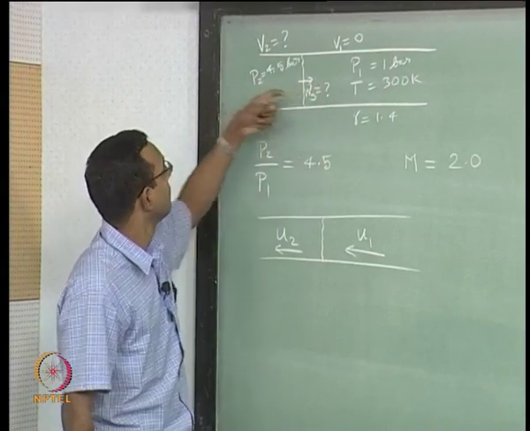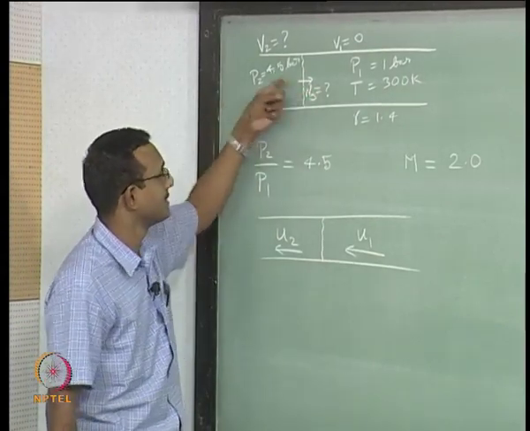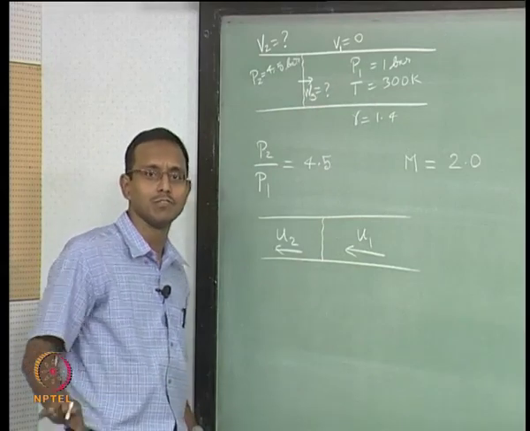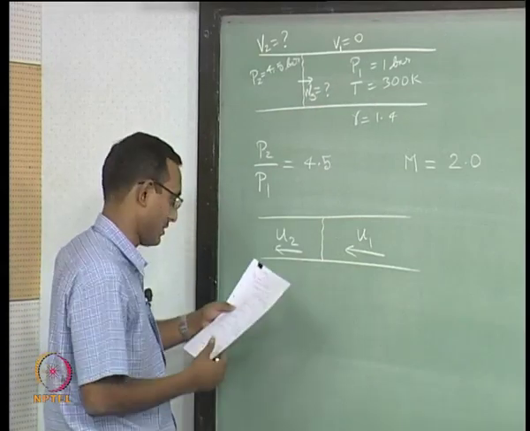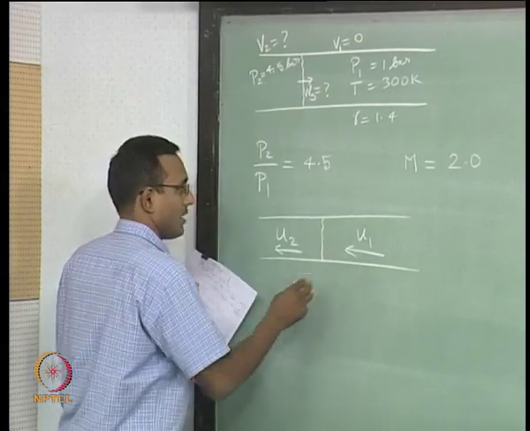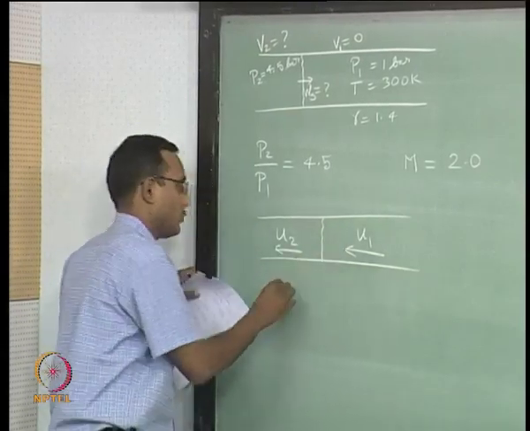I am saying V2 is positive, Ws is positive. That is the way we are going to solve the problem. Keep one convention, it will not confuse you, it will be very easy to solve, you will never get into trouble. Okay. Now, I want to find U1.